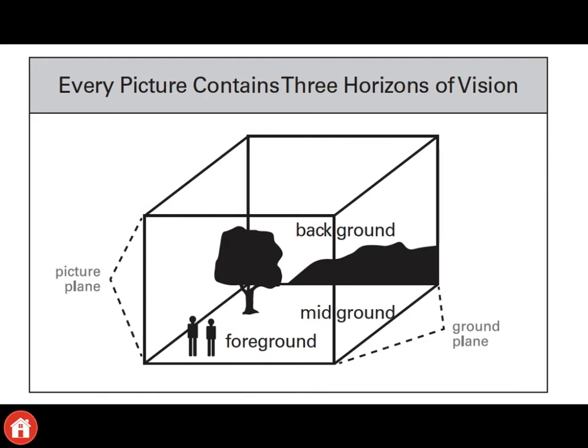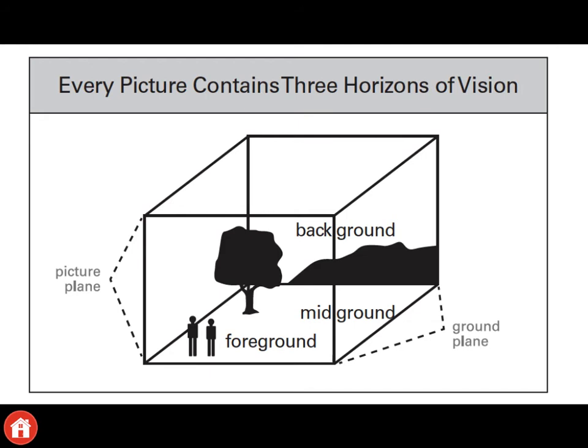And what the middle ground does is, the proportion, the size basically, of the tree in comparison to the size of the people gives you an idea of how much space is in between them. And then the size of the tree in comparison to the size of the mountain gives you a good idea of how much space is in between the tree and the mountain, which makes it very clear how far away those mountains are from the people.